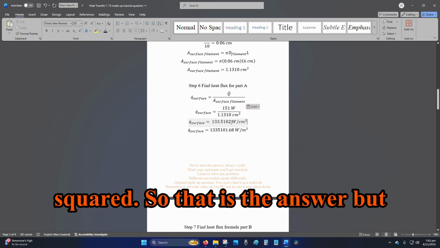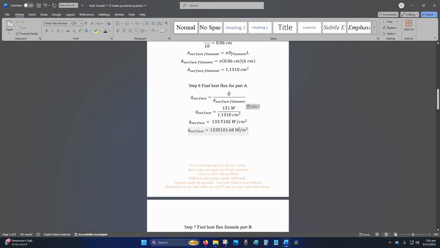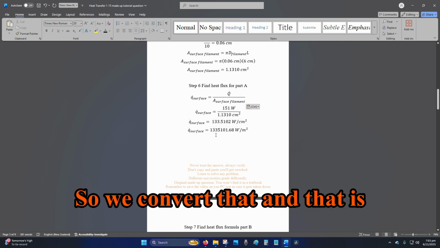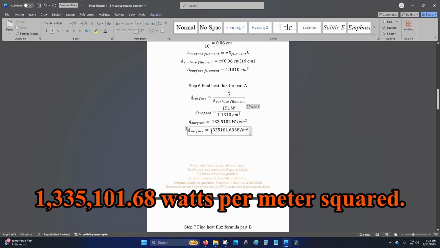So that is the answer, but the standard is watts per meter squared, so we convert that, and that is 1,335,101.68 watts per meter squared.